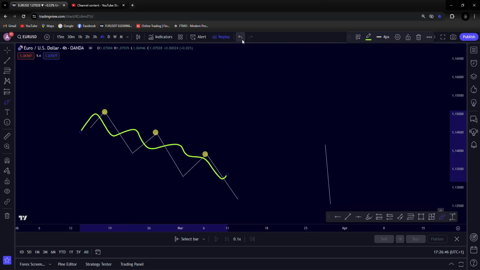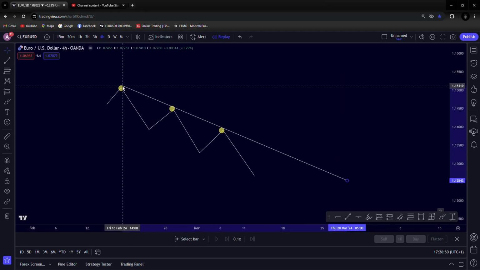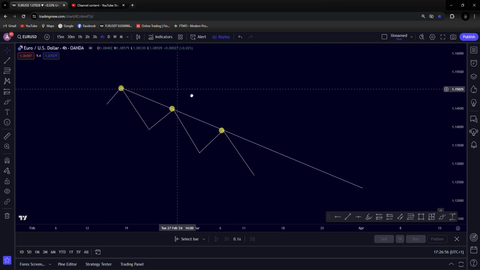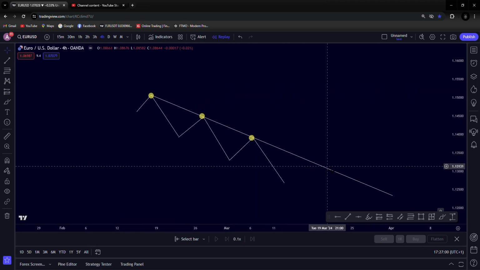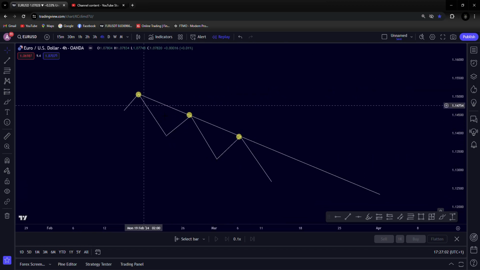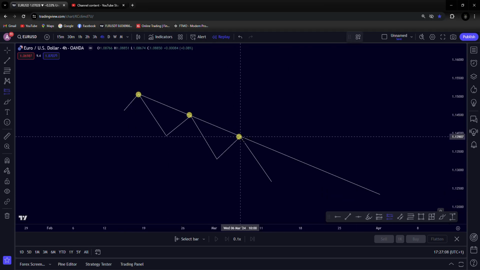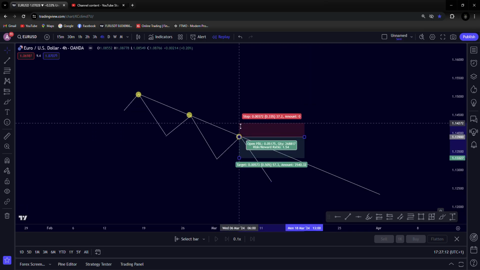What most of the people do, they draw a trend line on the top or on the bottom, whatever, and they see it as a resistance. And when the chart is coming to hit the trend line again for the third point, most of the people are going to short that.